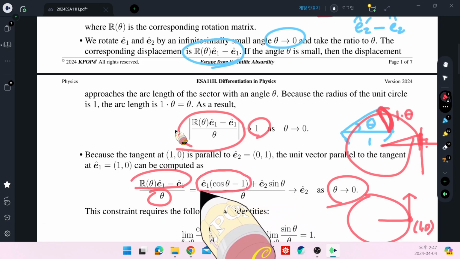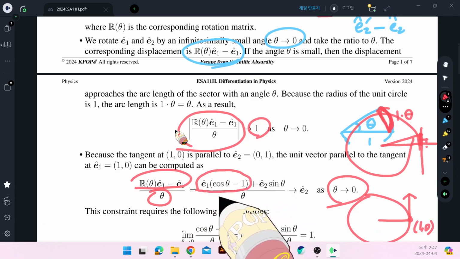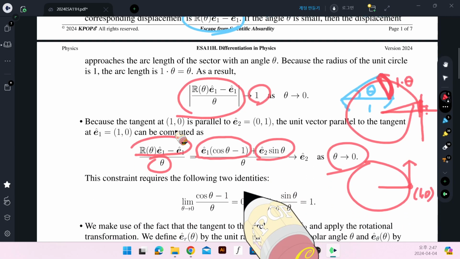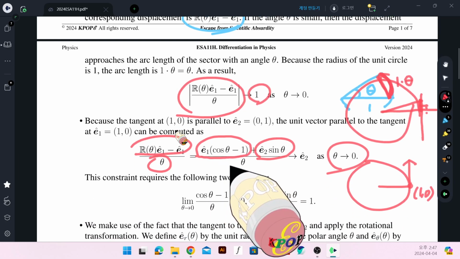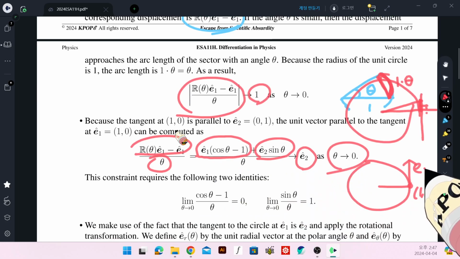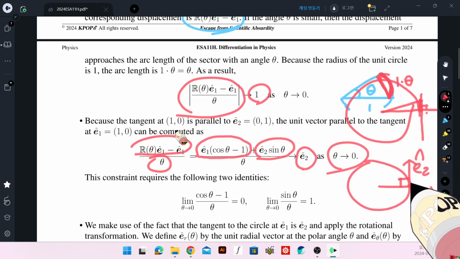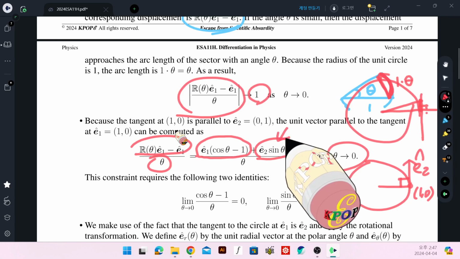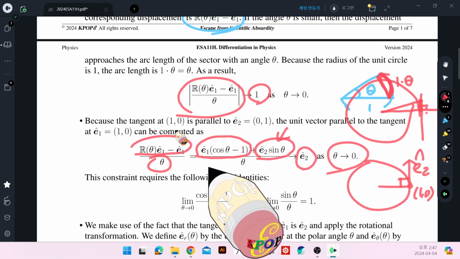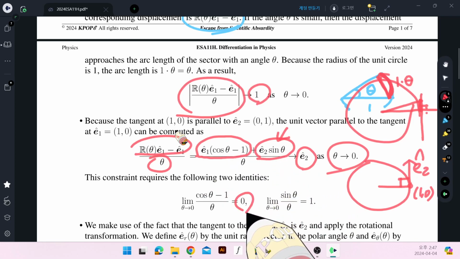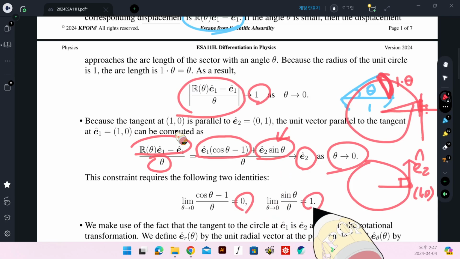This is the displacement along the x-axis, and this is the displacement along the y-axis. And the final result must approach E2 hat, that is, the unit tangent vector. As a result, we find that this ratio, sine theta over theta and cosine theta minus 1 over theta, is completely determined because it is E2.